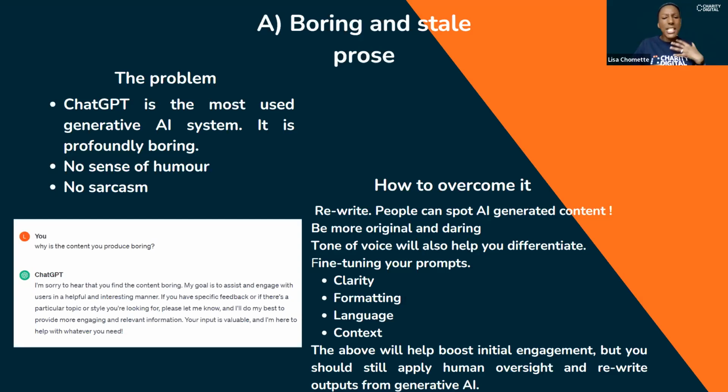So there's plenty of other ways you can use AI to create more engaging content, so to boost initial outputs and then to help you get started. And then obviously if you are able to use that as a way to start writing a draft, that shouldn't be a problem.